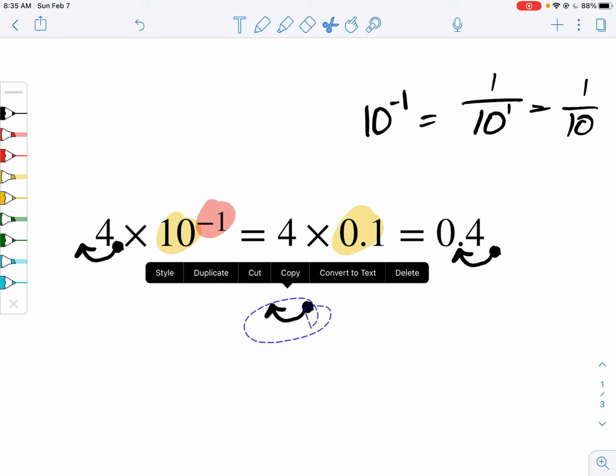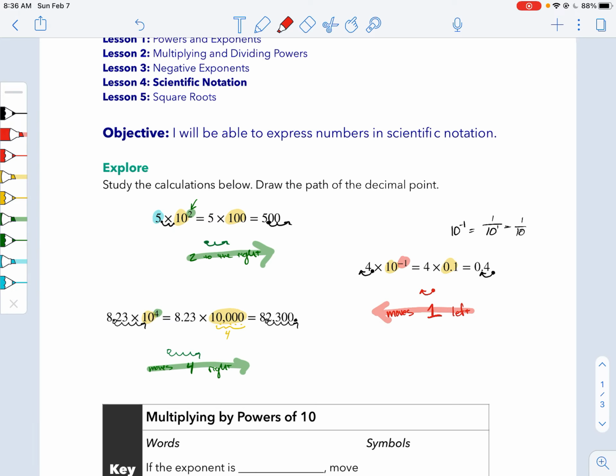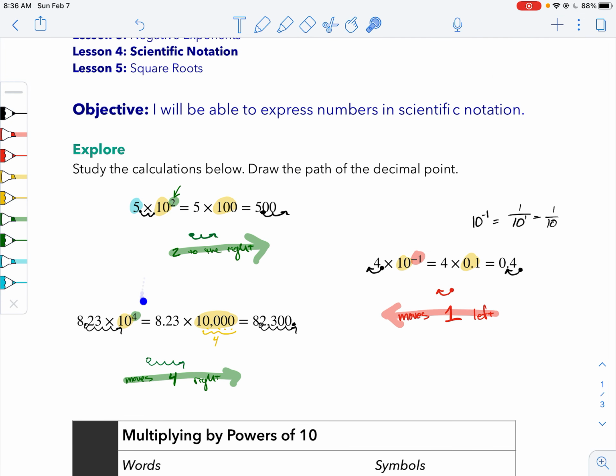So this represents a movement of 1 to the left. And that's going to be the pattern that we find. When we have a positive exponent, we move the decimal point that many places to the right. And when you have a negative exponent, you're going to move the decimal point that many places to the left.